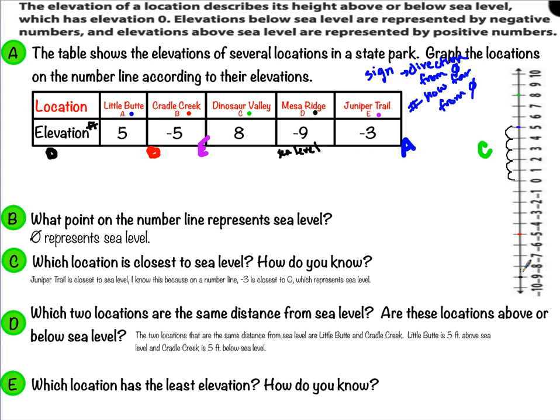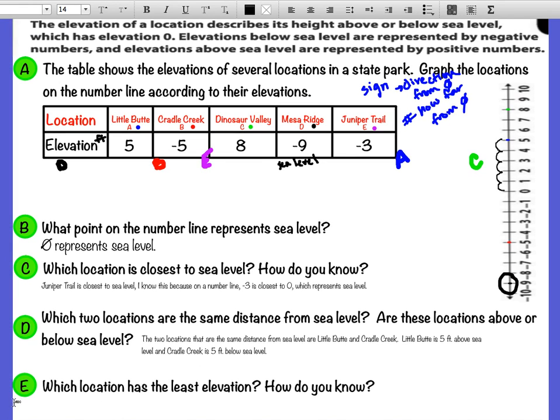So even though typically when we think of 9, we think of a number that is bigger than 3 and 5 and 8, it's still the lowest. 8 would actually be the highest. Okay, so the Mesa Ridge is actually the lowest elevation. So that would be my answer here. So Mesa Ridge is the lowest elevation.